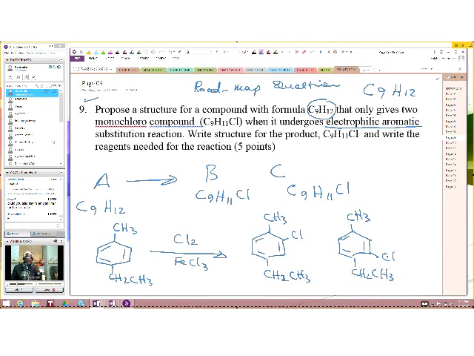I mean, this is what I say. Okay, the formula of this here is C9H12. The formula for this is C9H11 and chlorine. The same thing here. This one here, C9H11 and chlorine. That is the only possibility that I see here, right? Anybody see any other possibility?